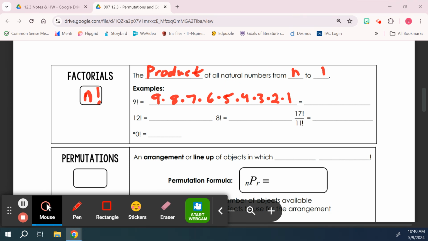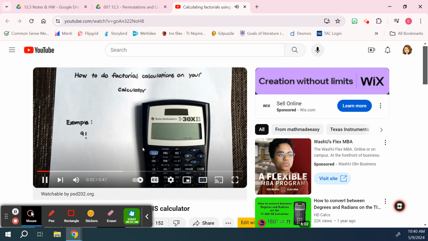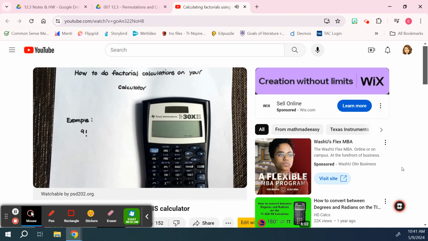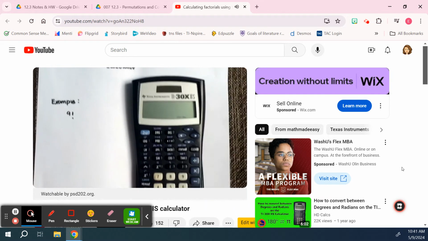Just using your calculator without having to go through all this rigmarole. I have another one too for those who don't know the 30. So we're going to go watch two.